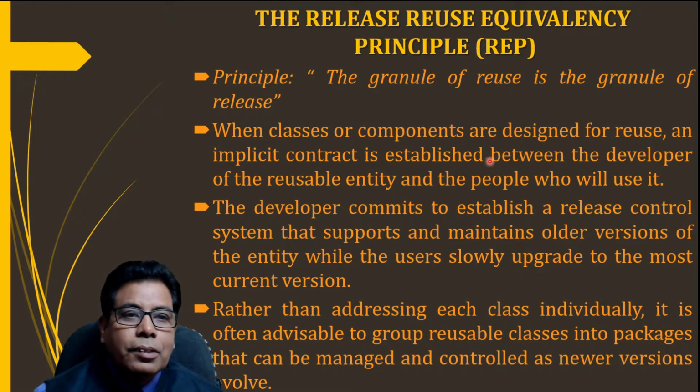That's why this principle says the granule of reuse is the granule of release. As new releases come, with the help of packages we can make it possible. Just change the package number and that will work properly.